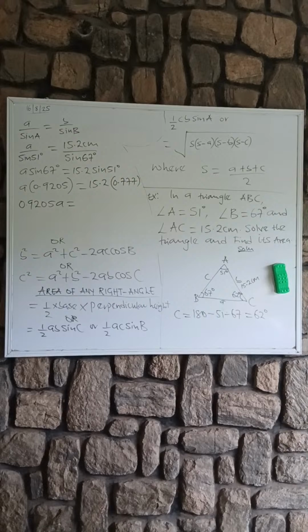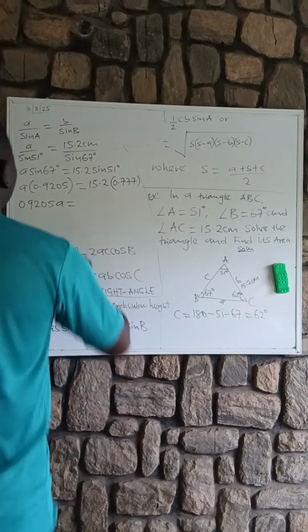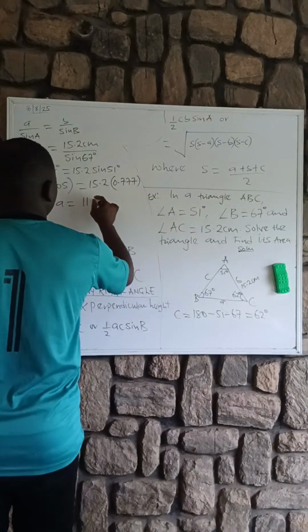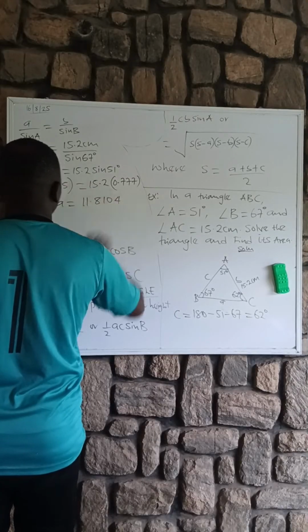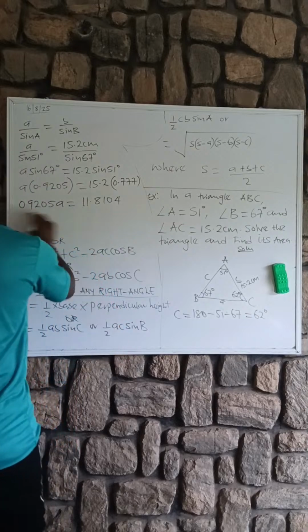What is the answer? 11.8104, right? Okay, so we divide through by this.